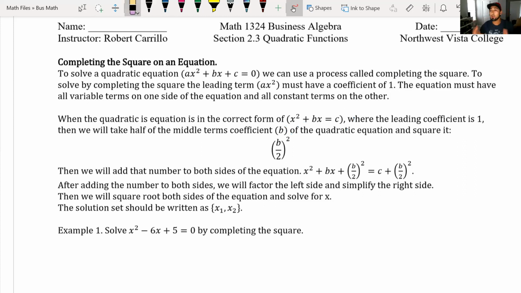Once we have it in that perfect form, then we can do the process.